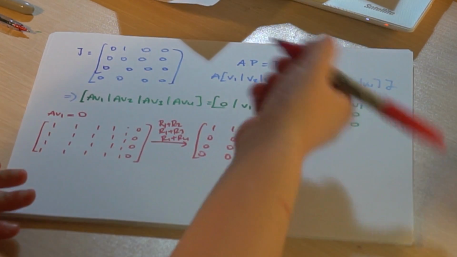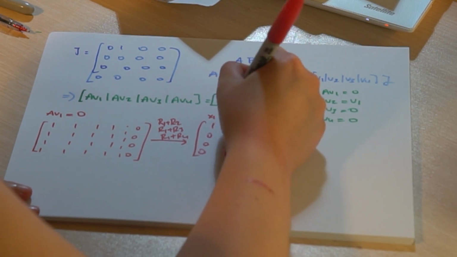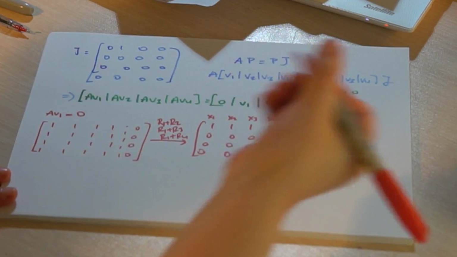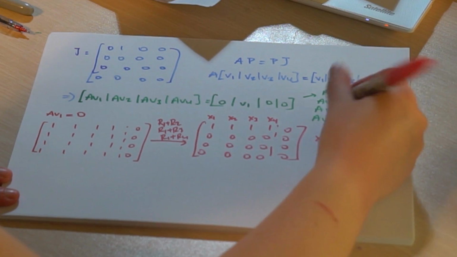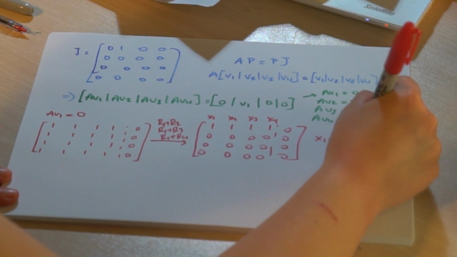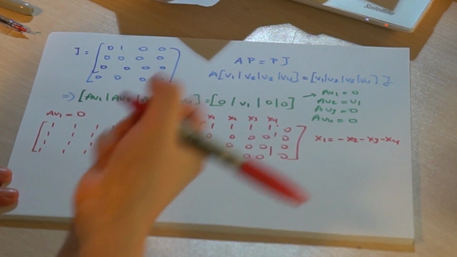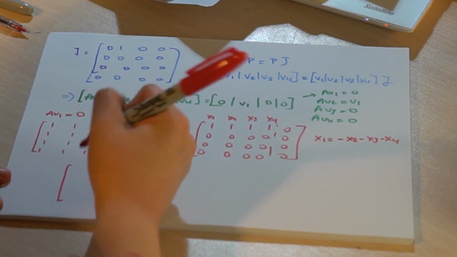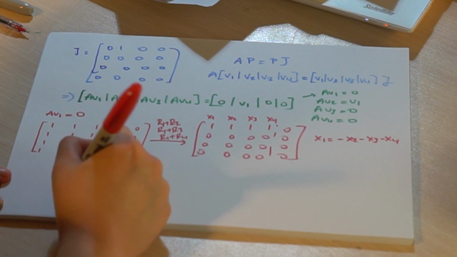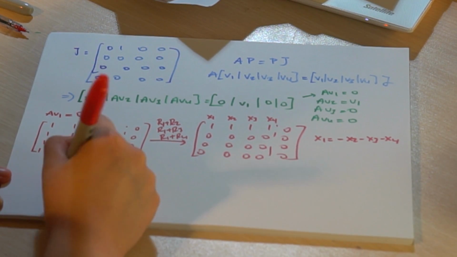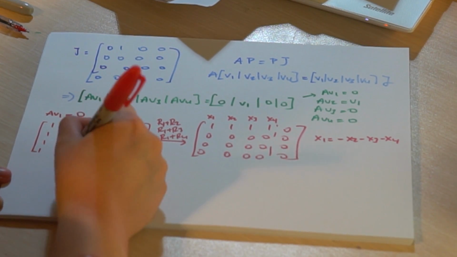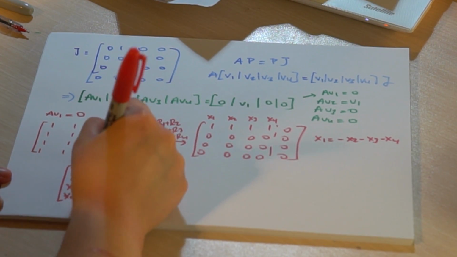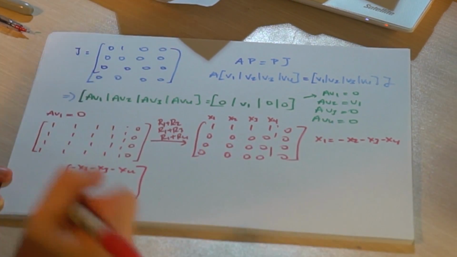We must have this matrix. So the entries are x1, x2, x3, x4, right? So x1 is equal to minus x2 minus x3 minus x4. So the general form of the solution of this system will be x4, x3, x2 and minus x2 minus x3 minus x4.